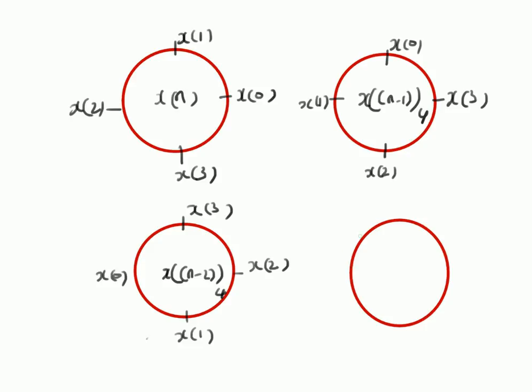And similarly we can also do x of n minus 3 mod 4. That means x of 1 will be here, x of 2, x of 3 comes to 180 degrees, and x of 0, the first value, comes to the 4th slot. So this is the circular shifting, or delay, by 3 points.